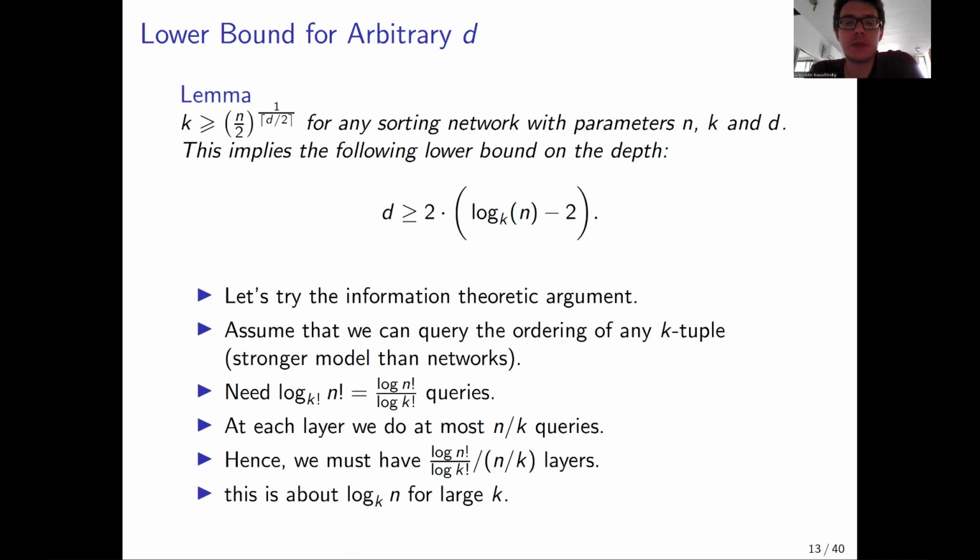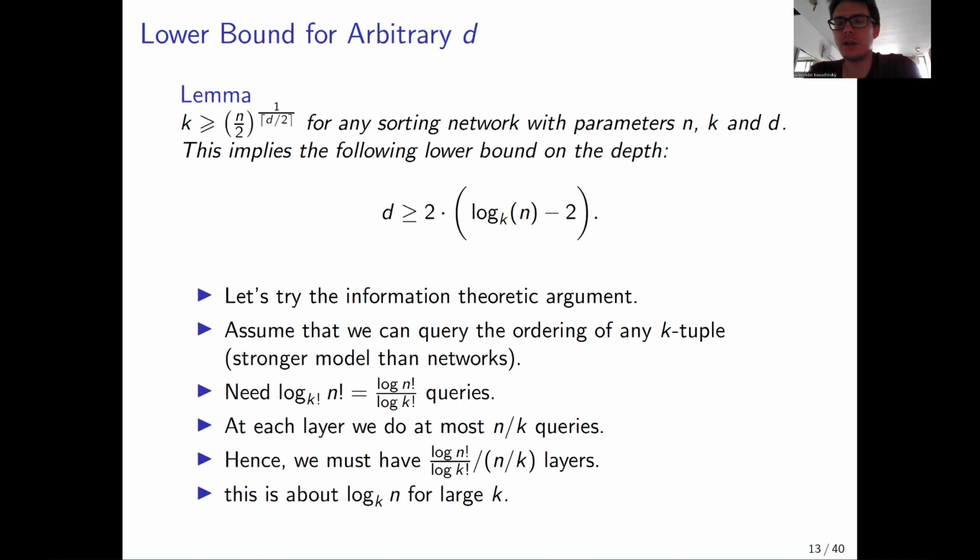We can consider a stronger model than networks, a model where you can just indicate any k-tuple of stones, if we are in the framework of stones, and then the oracle gives you their ordering. So it's kind of a general comparison based algorithm, but for k larger than 2.